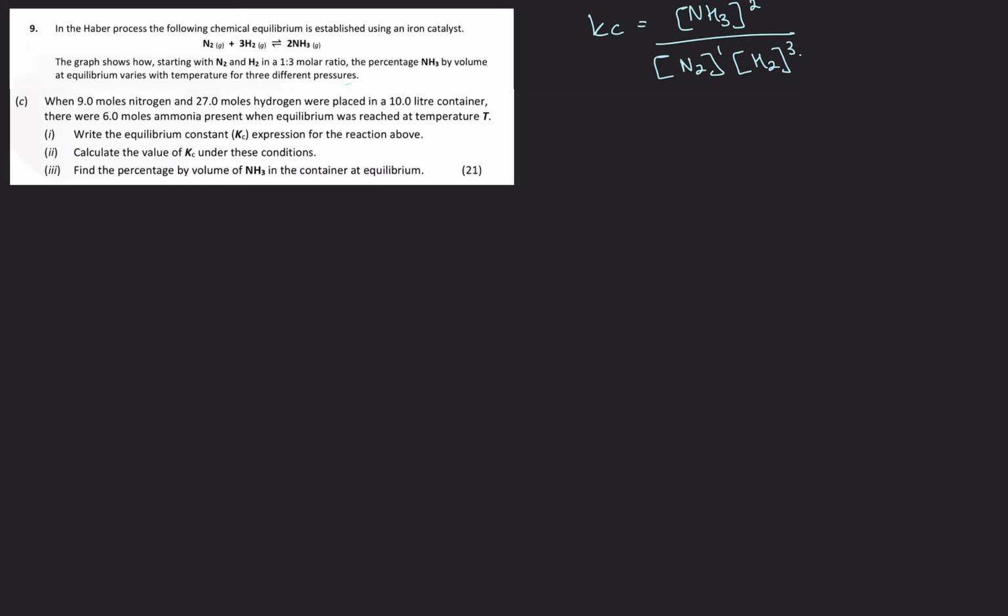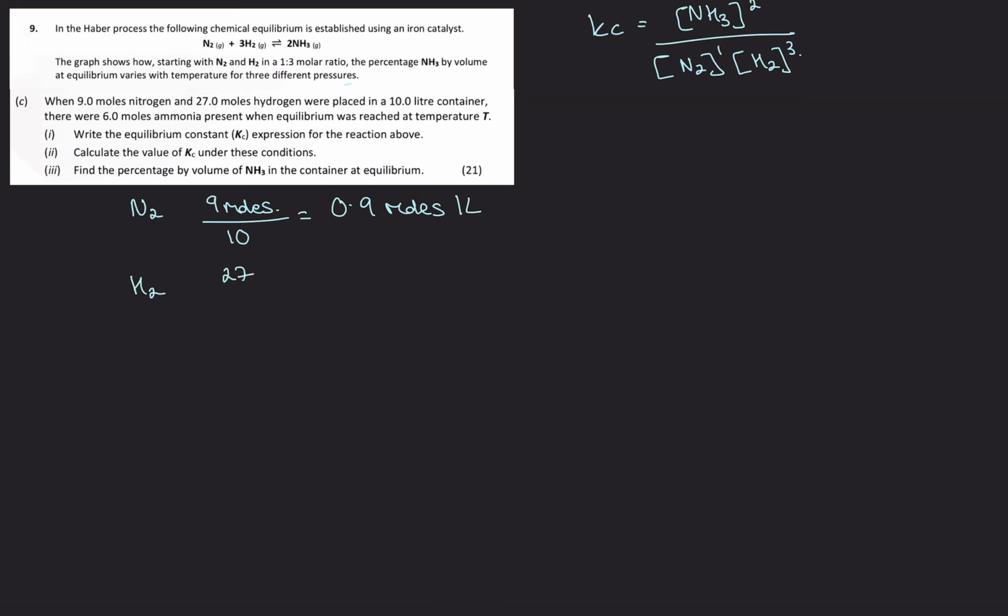Okay, so I'm going to just change all of those moles in the 10 litres into moles per litre. So let's go with the nitrogen first. That was 9 moles, and it was in 10 litres. So that's going to be 0.9 per litre.